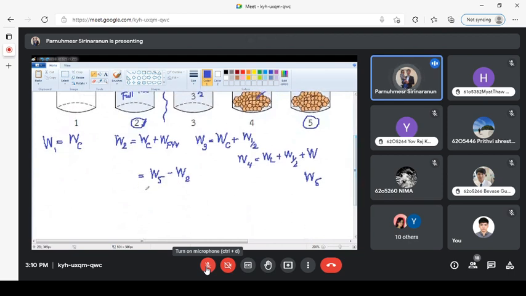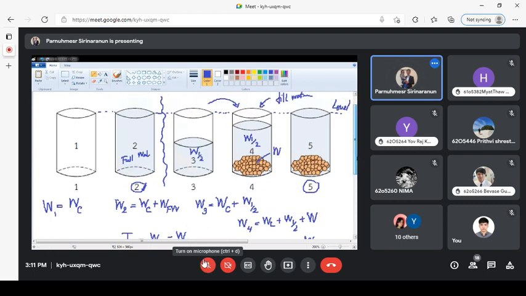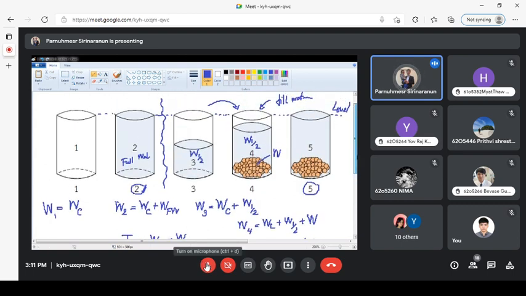Which state refers to the weight of material in this figure? Which state refers to the weight of material in air?